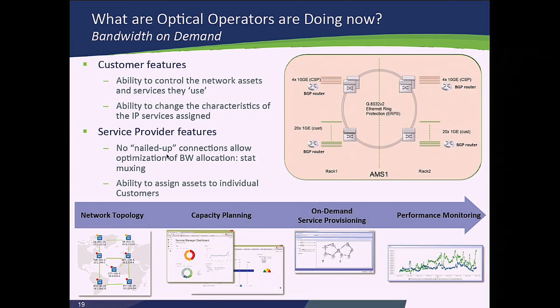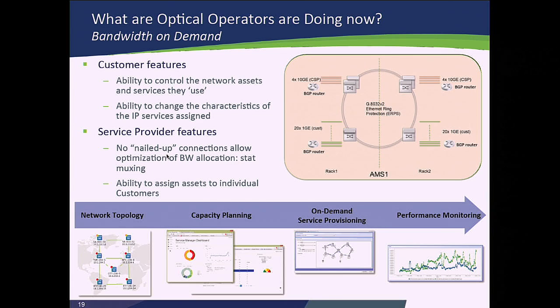And from a customer perspective, they only see the network assets that they need and that they use. And they can use the application or portal to configure what they need without having to figure out how to go about it. It's transparent to them.